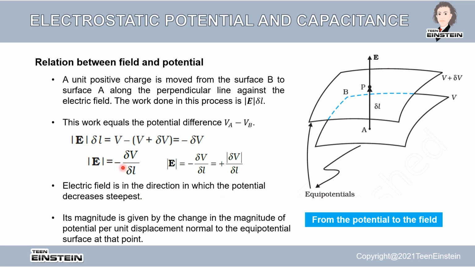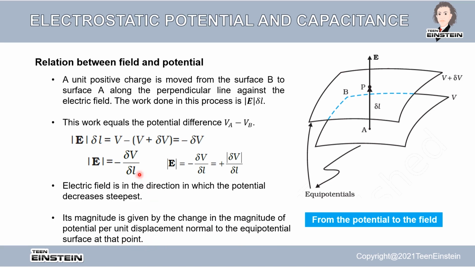That's why we have a negative sign here. Wherever the electric potential is decreasing the steepest, where the slope is higher, there we have the electric field. So the magnitude of the electric field is given by the change in the magnitude of potential per unit displacement normal to the equipotential surface at that point.